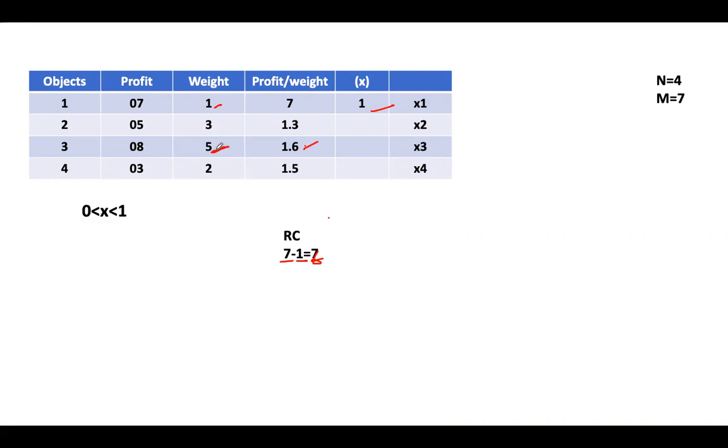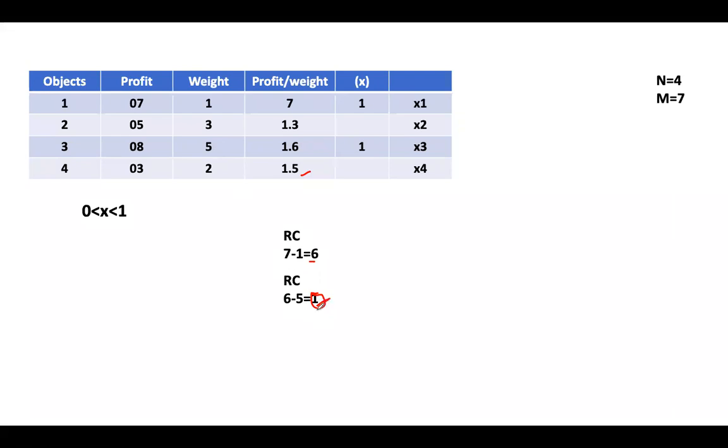If you consider this entire object 3, it requires 5 kg in the container. The container's earlier space was 6, allocate 5 kg for the third object, remaining space is only 1. I will consider this entire third object, which requires a weight of 5.